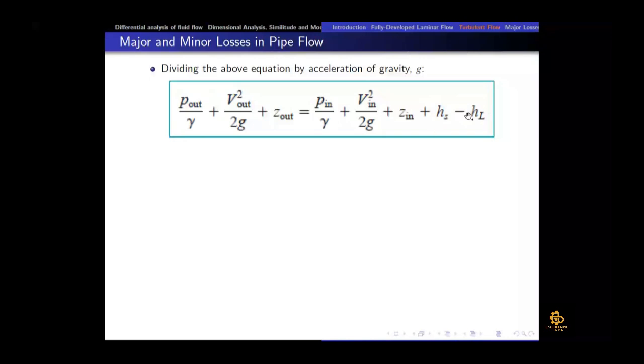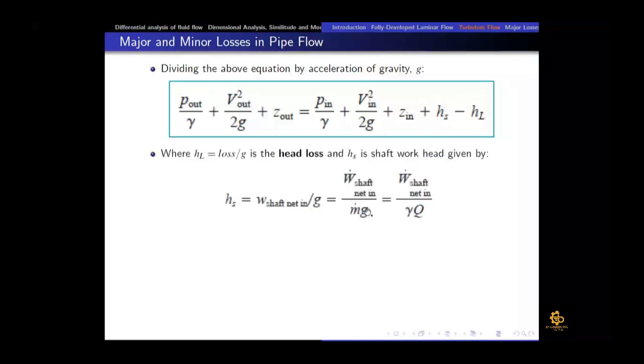So H_S can be written as W dot shaft net in divided by mg, which can be written as W dot over gamma Q. Gamma, we all know, is rho g, and rho into Q is the mass flow rate. So rho g is gamma, and Q is the volume flow rate, and that is the shaft head.